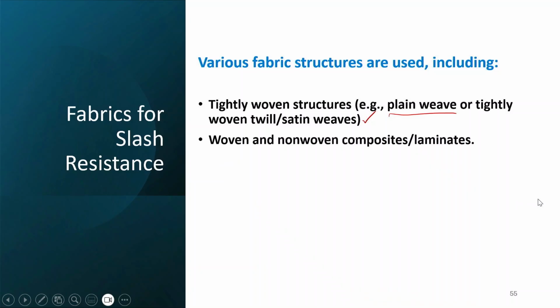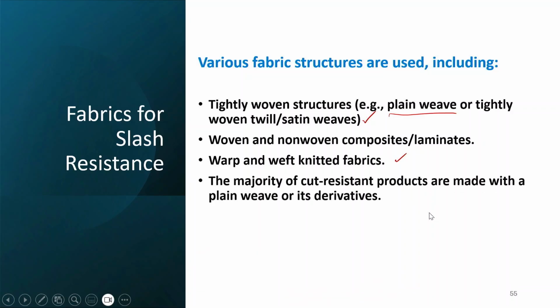Woven, non-woven composite structures or laminates are used for slash resistance. Knitted fabric, both warp and weft knitted fabrics. The majority of cut resistant products are made with the plain woven or its derivatives.